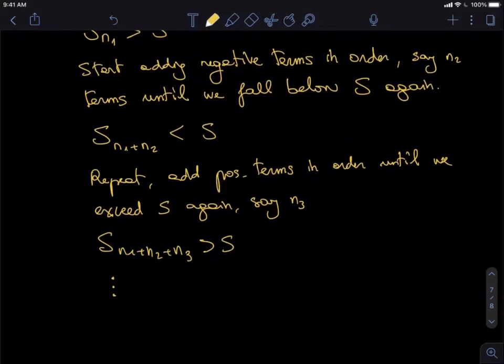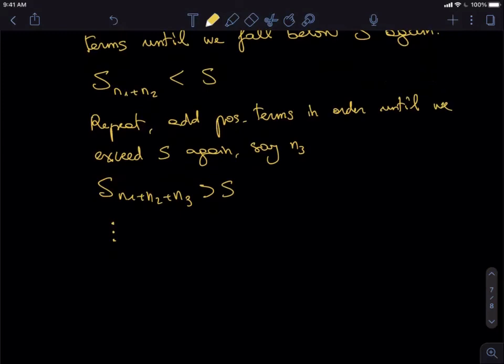If we continue to repeat this process, adding each time just enough new positive terms to make the sum exceed S, and then just enough new negative terms to make the sum less than S, what will happen is that we will get a convergent sequence.